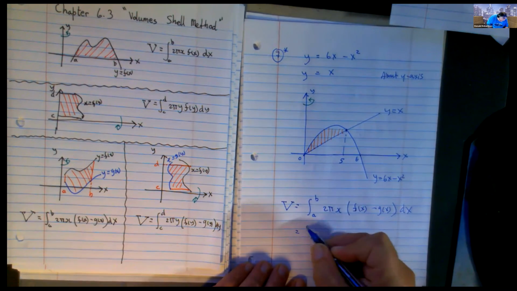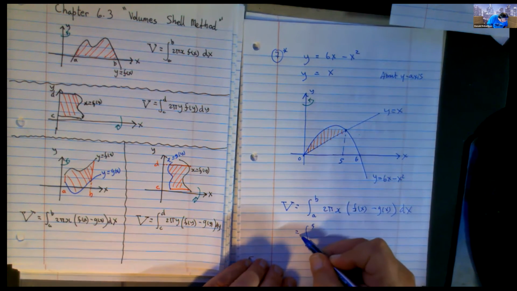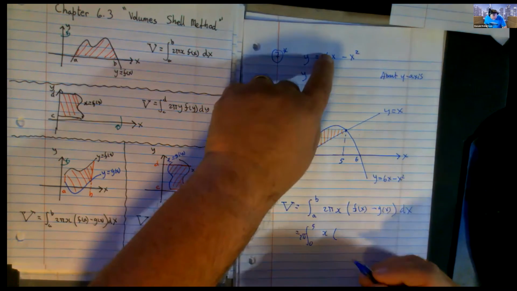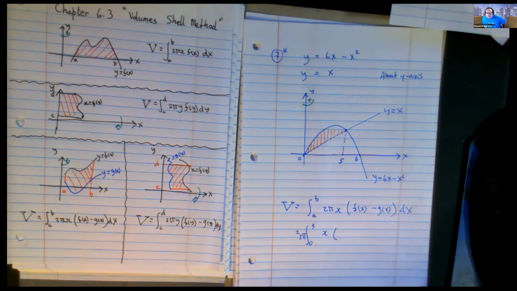So it's going to be from 0 to 5. Stick out the 2 pi, and x. One of these two guys is f of x: the 6x take away x squared one, or the y equals x one.